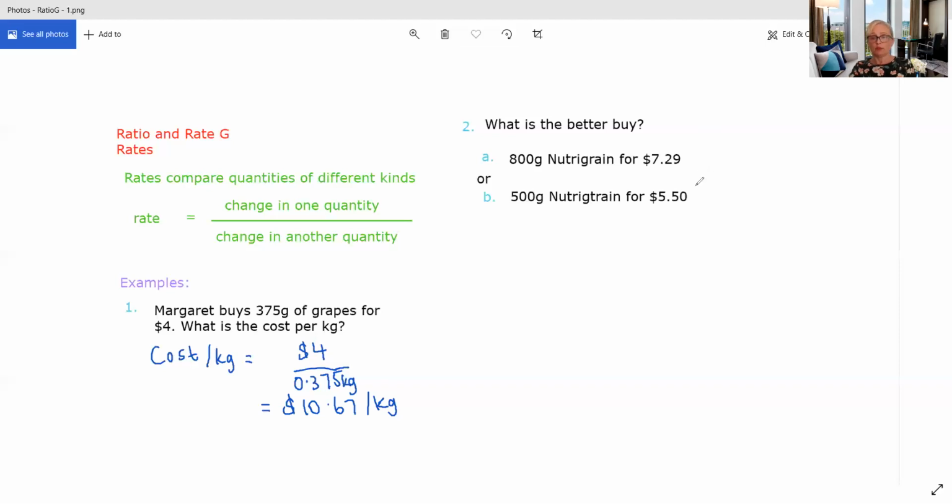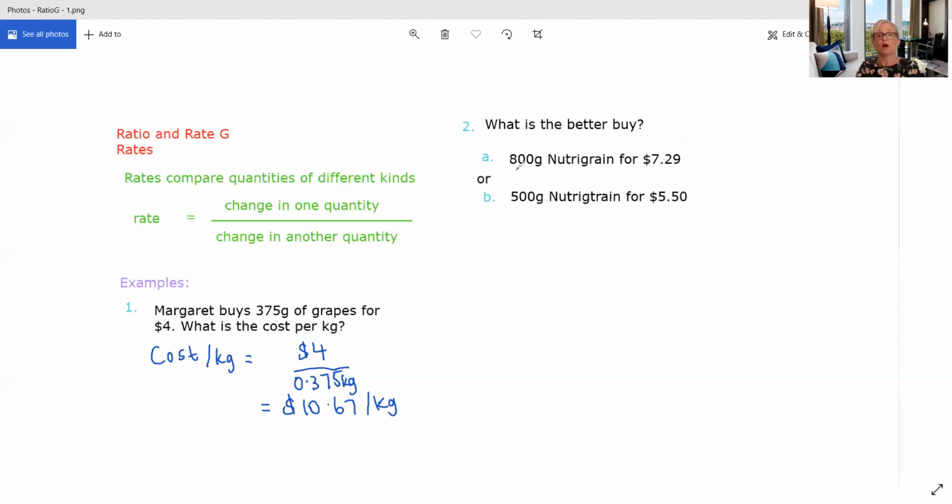Usually, if you buy in bulk, it's cheaper per 100 grams or per kilo or per litre or whatever it is, depending on what it is, but not always. Sometimes the cheaper packet is on special and you're better off buying two of the smaller packets rather than one of the bigger packets. Let's work out the better buy.